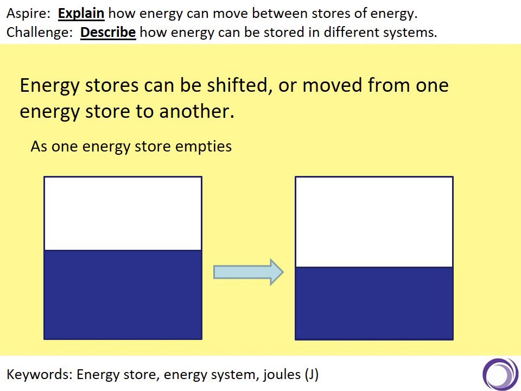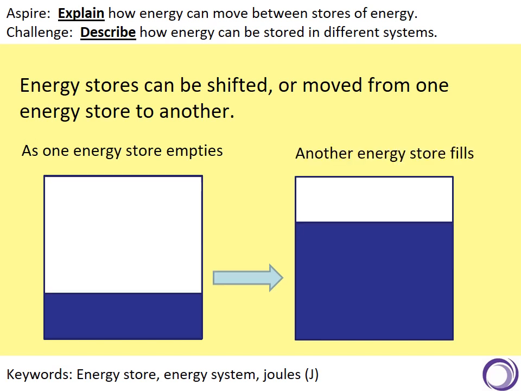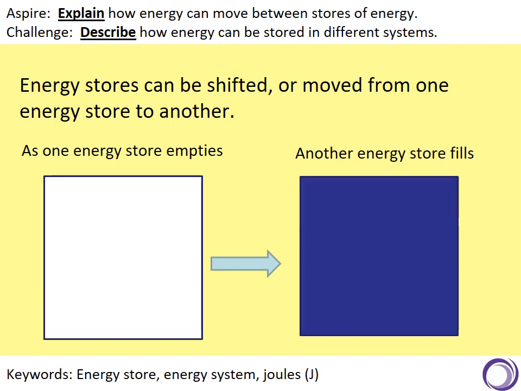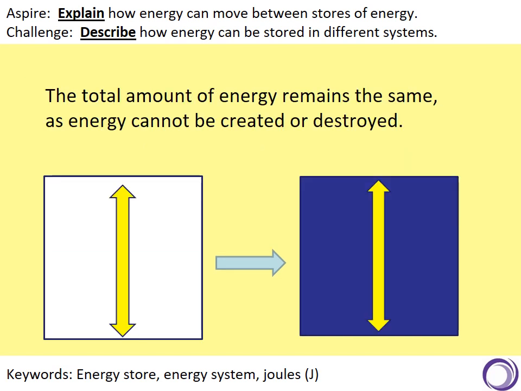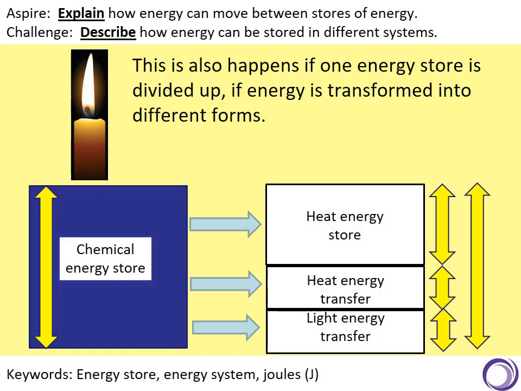So the energy is just transferred from one energy store to the other energy store. Now, a very important law of physics states that the total amount of energy that you've got stays the same. It just ends up being in different energy stores or being transferred away.